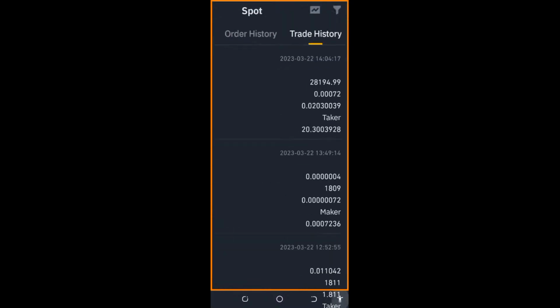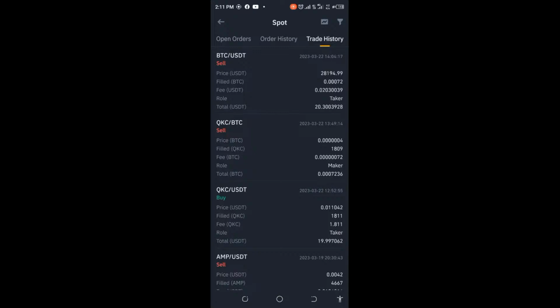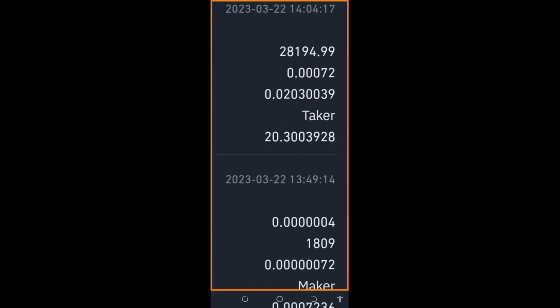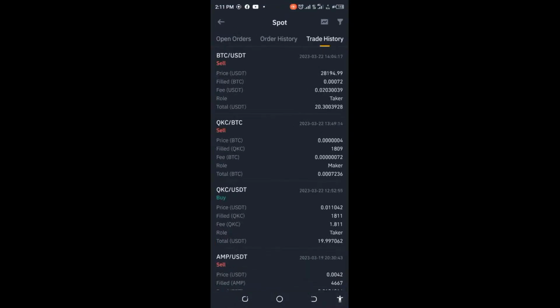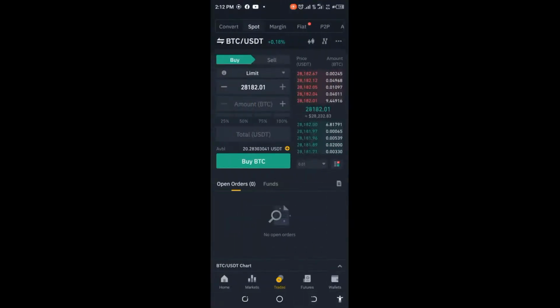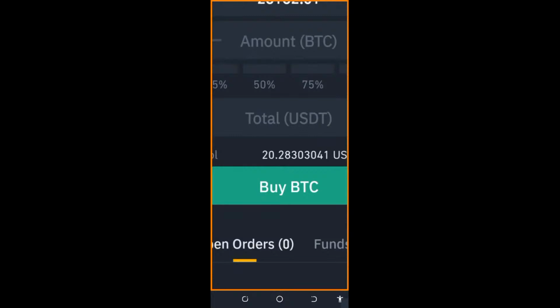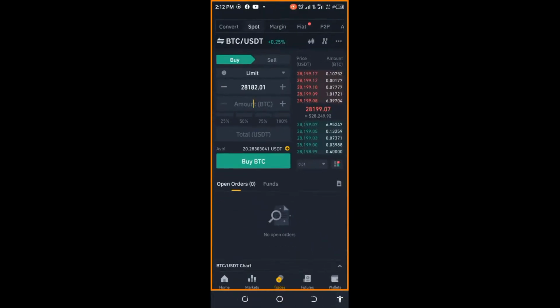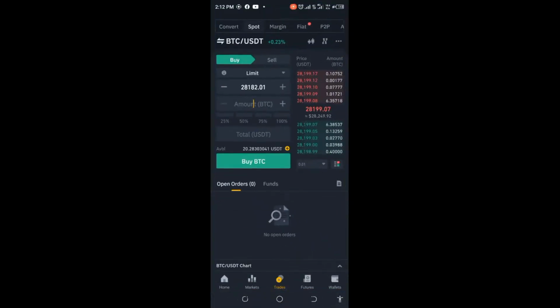That's the reason. The total USDT plus the fee was 20.30, but when they took out their 2 cents, that's why what we have here is 20.28. So just remember that the fees were taken out.